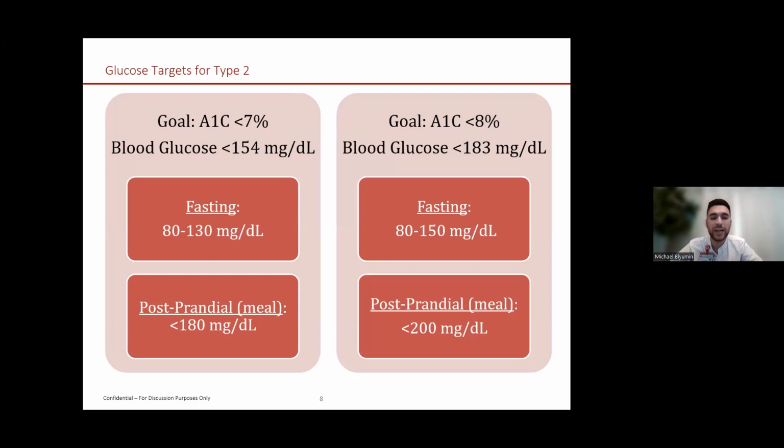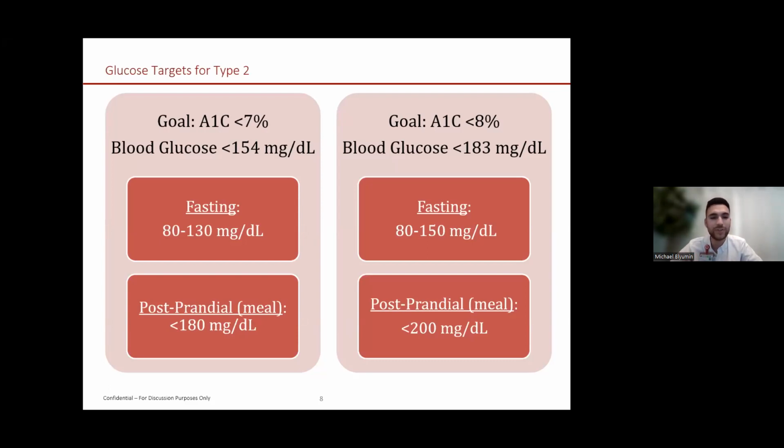And the reason the A1C is related to our blood sugar goals is because those two numbers are inherently connected. So, achieving an A1C of under 7% means your blood sugar is roughly under 150 on average throughout the whole day. Now, of course, that changes depending on when we take it. So a fasting level with this kind of goal should be between about 80 to 130.